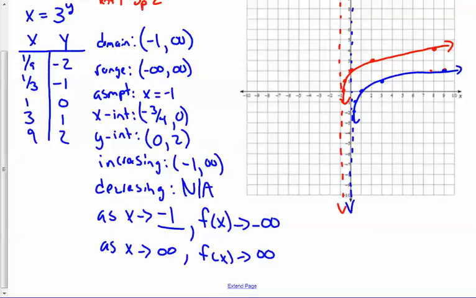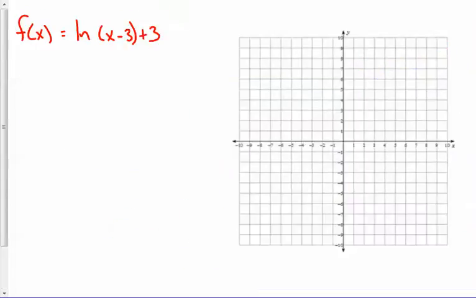So that's graphing a logarithmic function using exponential form and then using transformations. We can look at one more, ln. ln has a base of e. So this parent function, if we're going to look at this parent function, it would be y equals ln x.